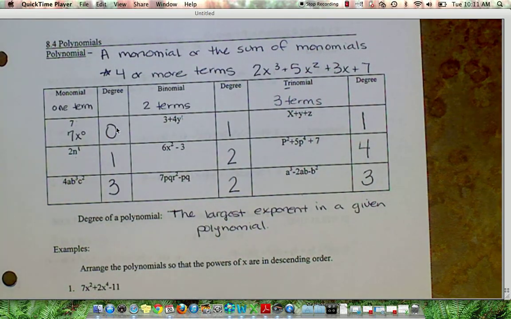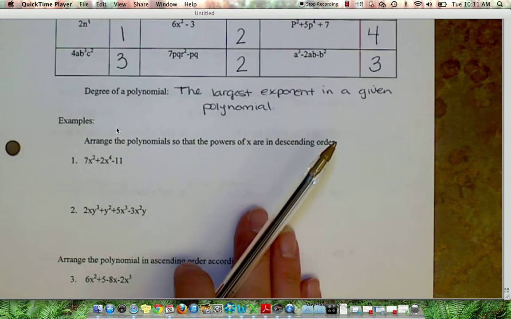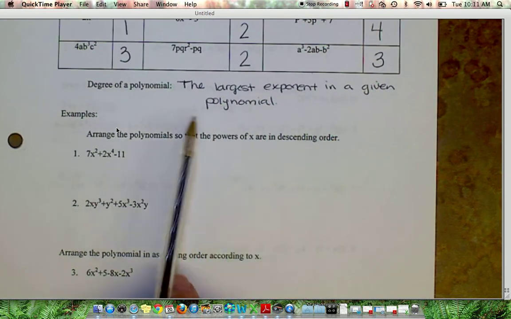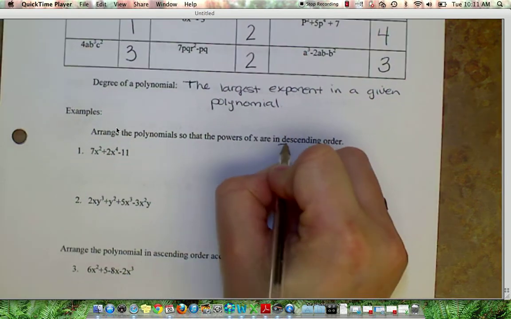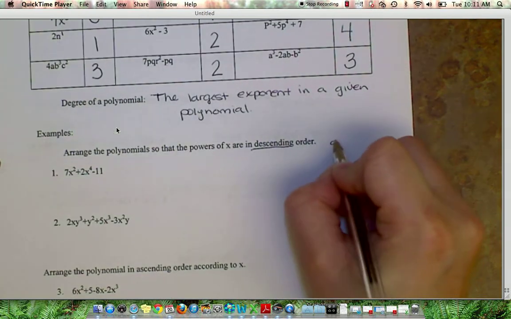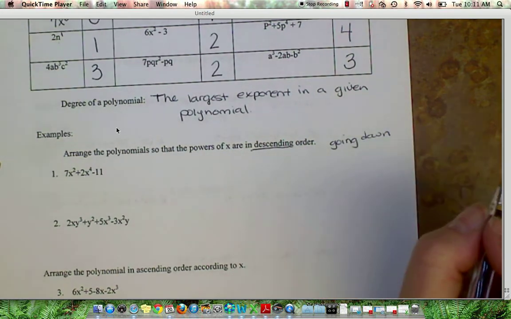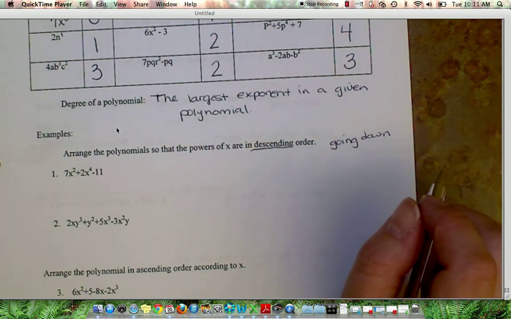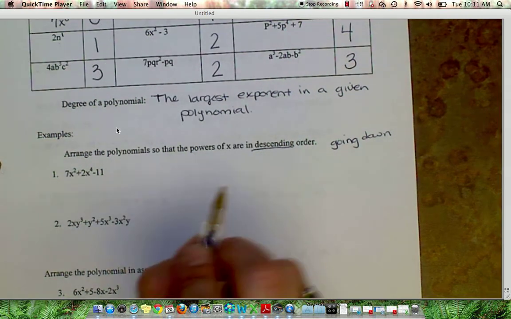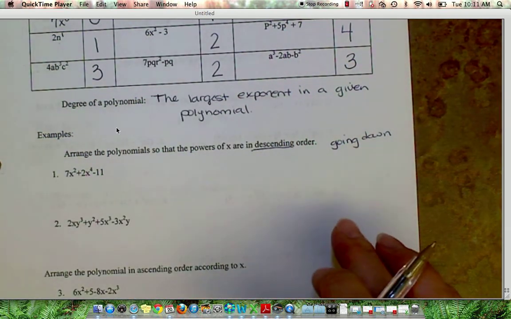Pretty simple. The next thing is also pretty simple. We want to be able to arrange the polynomials so that the powers are in descending order, which means going down. So you want your highest exponent first. Remember, power means exponent. Then they go down to when you have no exponents.